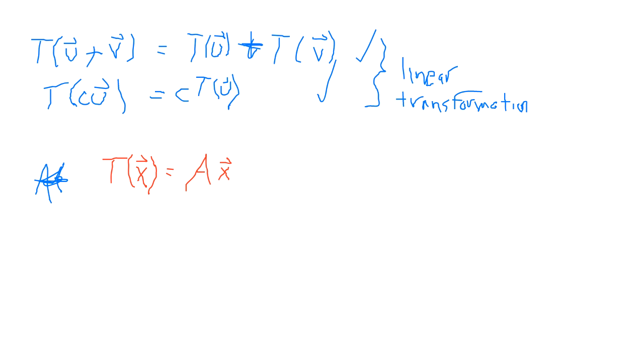Well, the transformation of U plus V equals the matrix A times the sum of the vectors U plus V. But remember, matrix multiplication is distributive.